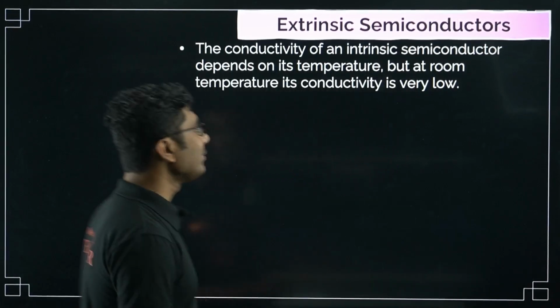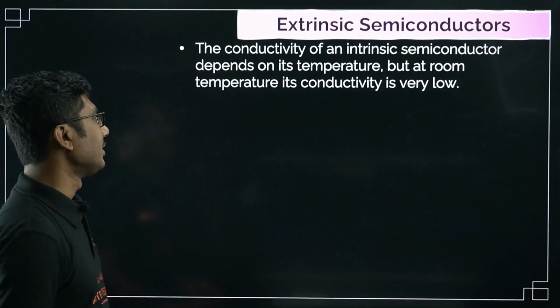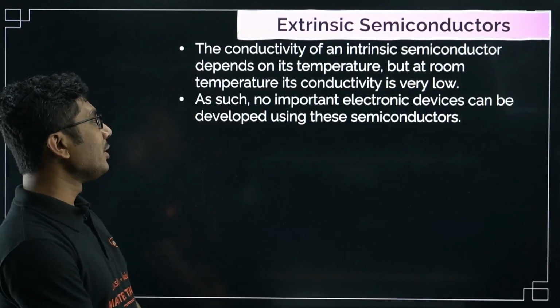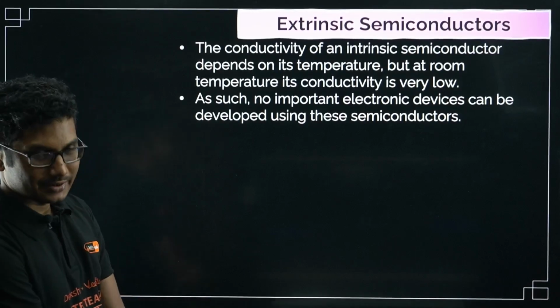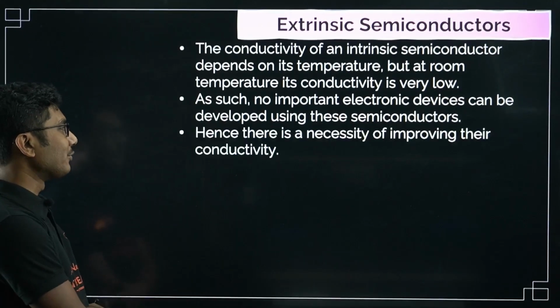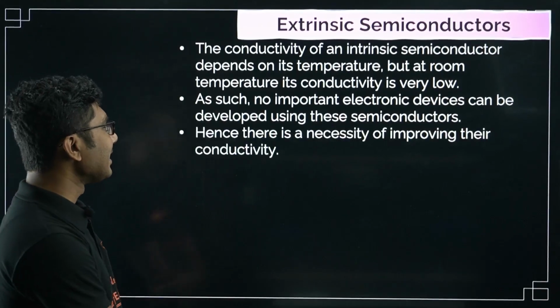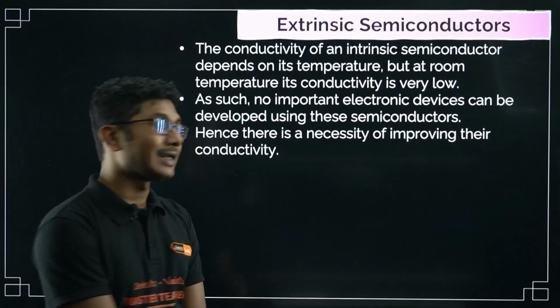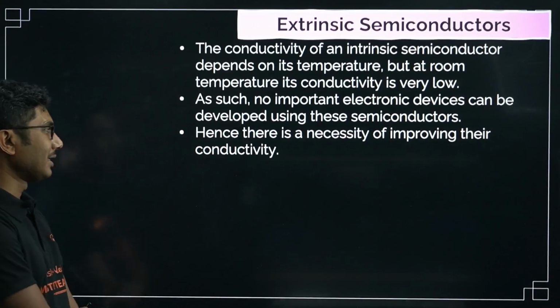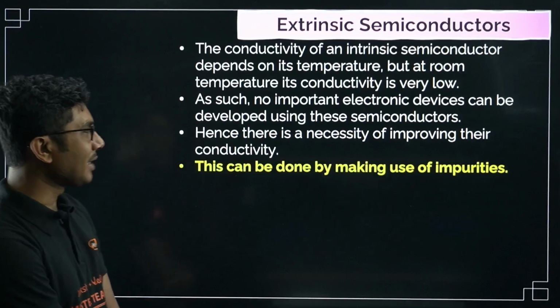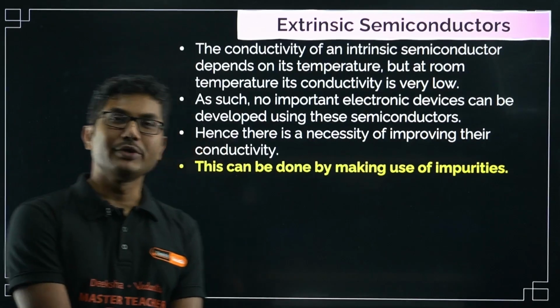So you cannot create a chip using an elemental semiconductor. So what do you have to do? You have to do something about it. As such, no important electronic devices can be developed using these semiconductors, right? Hence there is a necessity to improve their conductivity. So we have to improve the conductivity of elemental semiconductors. This can be done by making use of impurities.